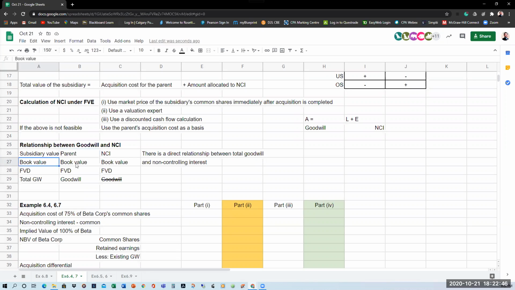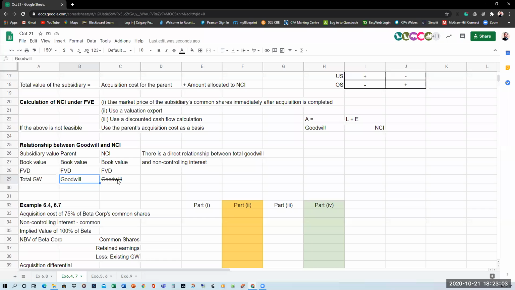Of this amount, the parent gets its share of book value, fair value differences, and goodwill. And depending on how non-controlling interest is valued, either NCI will get a share of goodwill or they won't.